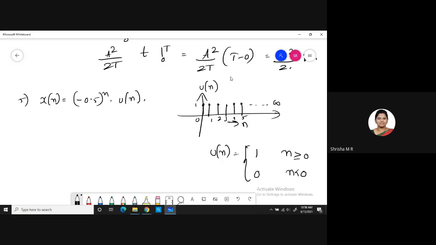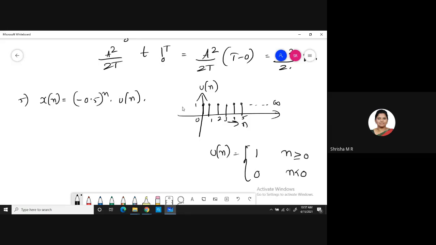So you have u of n into (minus 0.5) to the power of n. How will it look? We have understood that our signal x of n will exist from 0 up to infinity. If you have u of n multiplied with any function, your signal exists from 0 up to infinity.